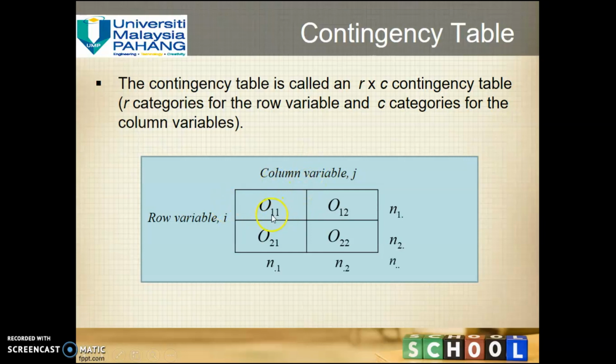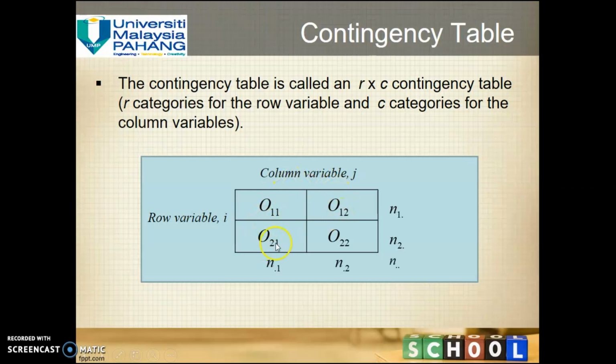First row, first column gives O11. First row, second column gives O12. In this example, small r equals 2 because we have two categories for the row, and C equals 2 because we have two categories for the column.